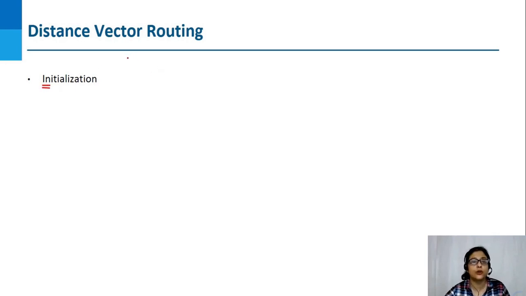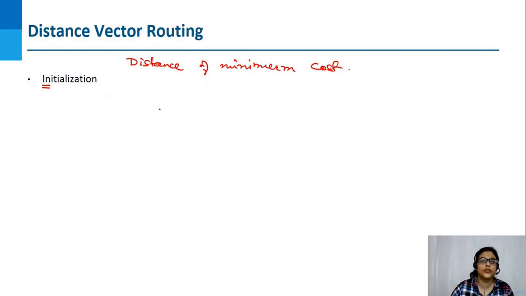Actually, distance vector routing creates the distance of minimum cost between the nodes of the network. So initially, we have to do initialization of the routing tables.